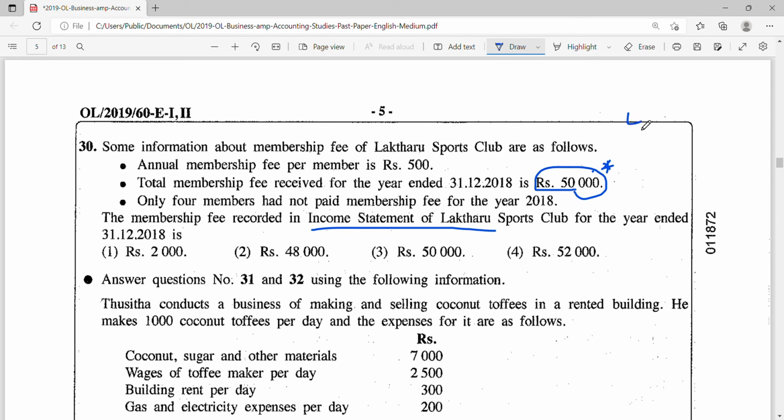So for 4 members, 500 rupee per membership, 2,000 rupees is receivable. So for 50,000 you need to add 2,000. So the membership fee recorded in the income statement will be rupees 52,000. Answer 4.